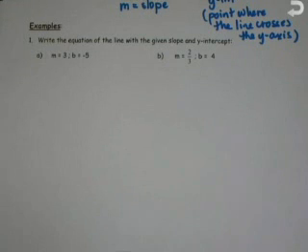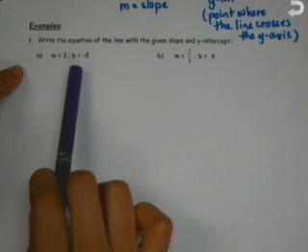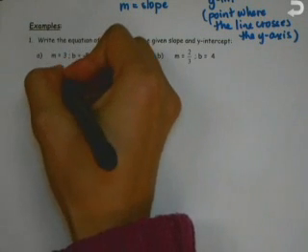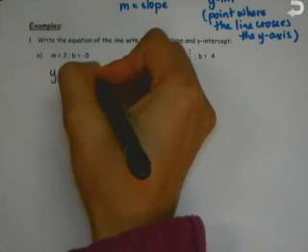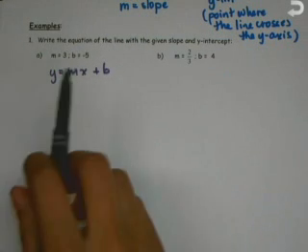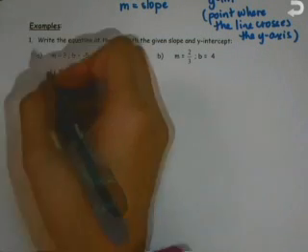Okay, let's look at examples. Here's our example 1. Write the equation of the line with the given slope and y-intercept. So here we're given m equals 3, which is our slope, and our y-intercept b equals -5. Recall that the equation, once again, is y equals mx plus b. Since we know m and we know b, we can just substitute in the values for m and b, and then we would have our equation.